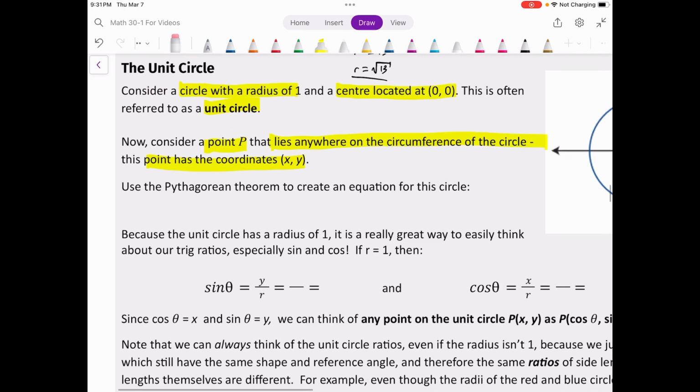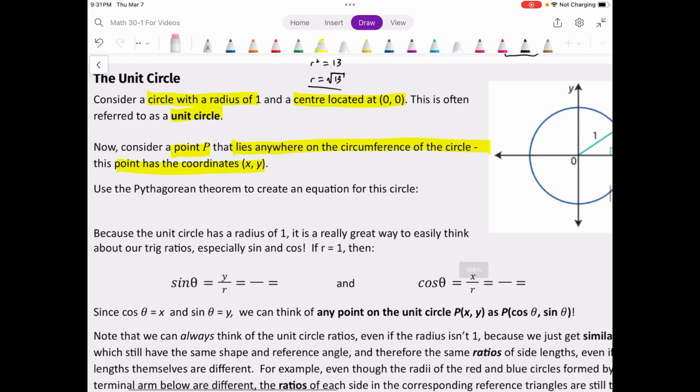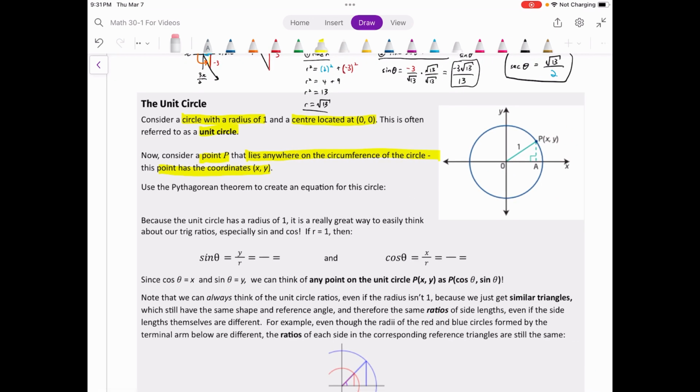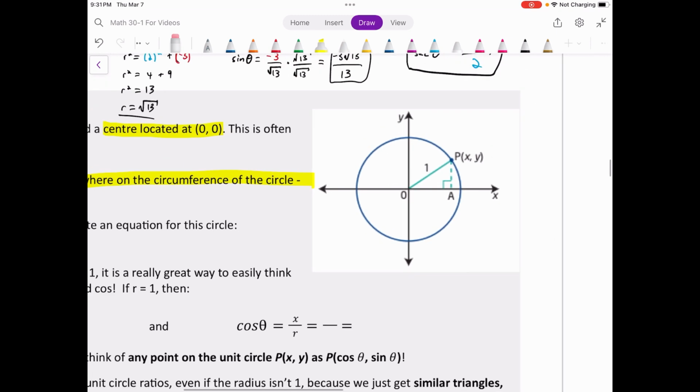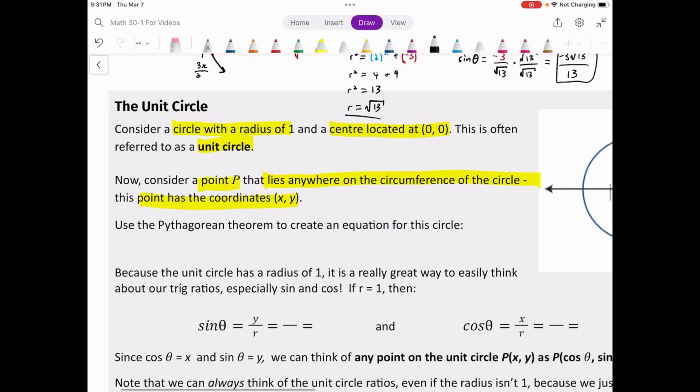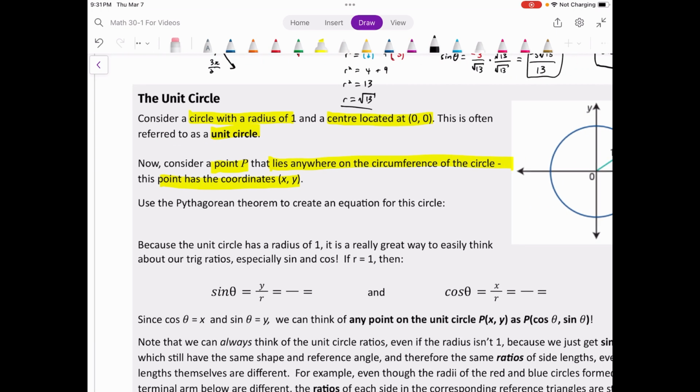All right, now it wants us to use the Pythagorean theorem to create an equation for this circle. So the equation of a circle, if you want to graph a circle, like you can try it now on your graphing calculator, well, think about it. It comes from the Pythagorean theorem because look, X, Y, and R. Using the Pythagorean theorem, we could say that X squared plus Y squared will equal R squared.